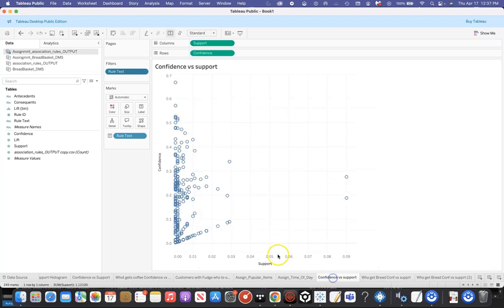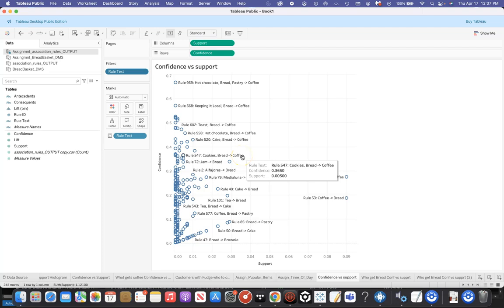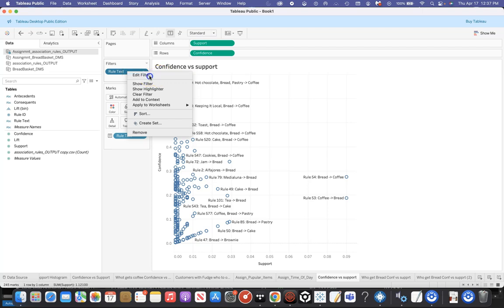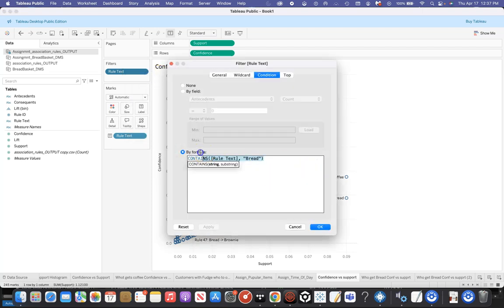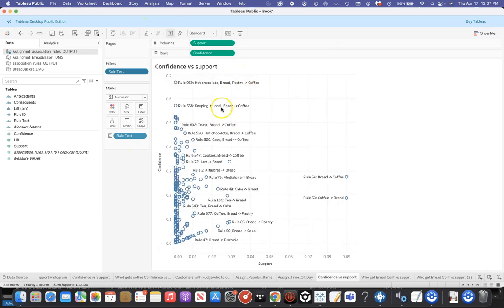Moving forward, we're going to start by understanding the different factors that we're using to offer these items to customers. I selected a rule to show me everything that contains bread, so that I can start by understanding the combinations of items customers buy, so as to know when to offer them bread.